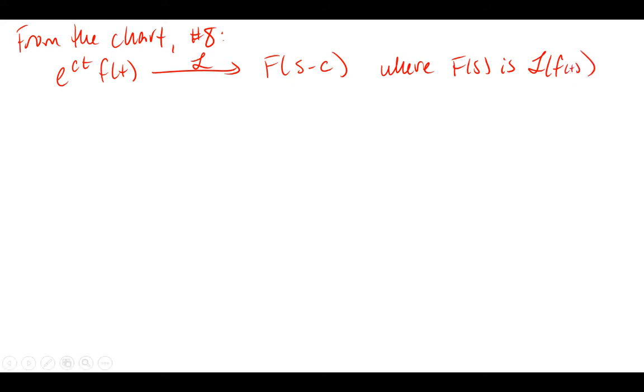But notice it's not big F of s. It's big F of s, but with s minus c, whatever this number is. C is a number. Maybe it's F of s minus 5.